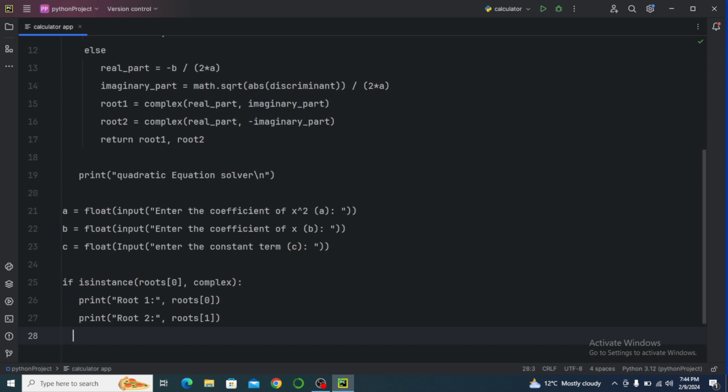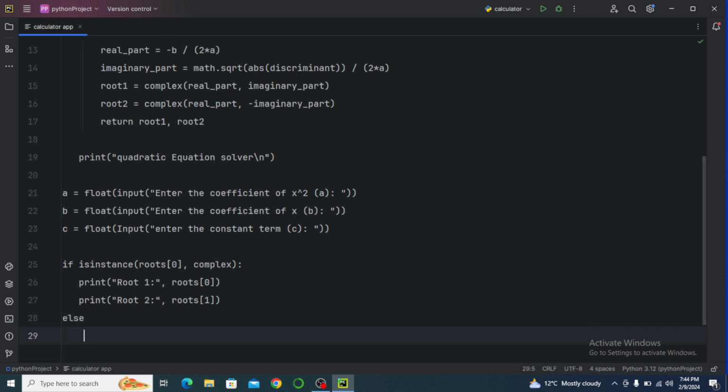We can now say in this case else print root 1, root 0.